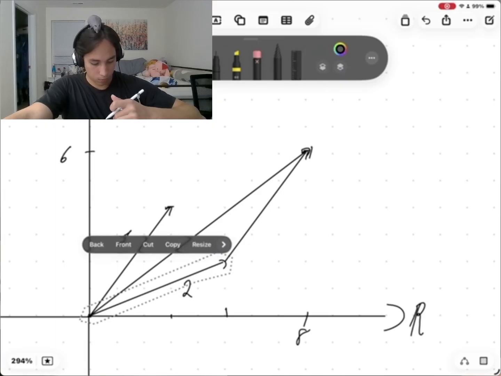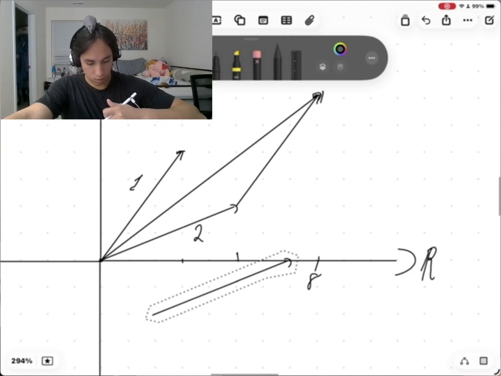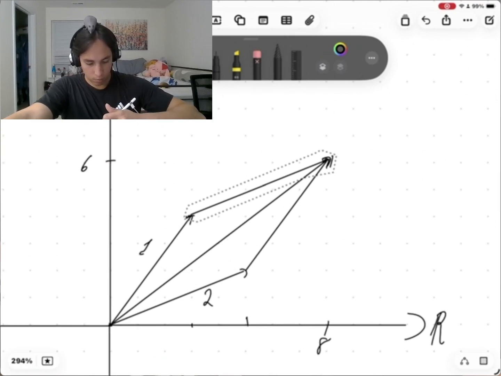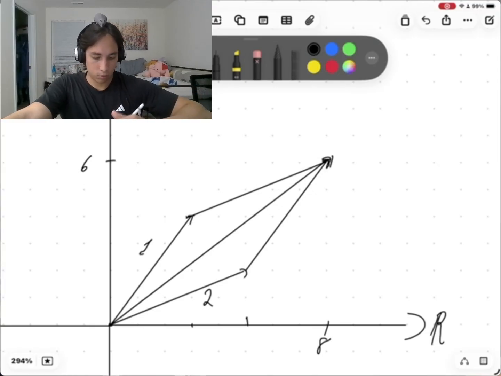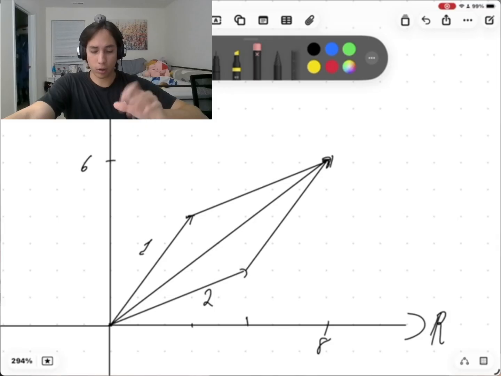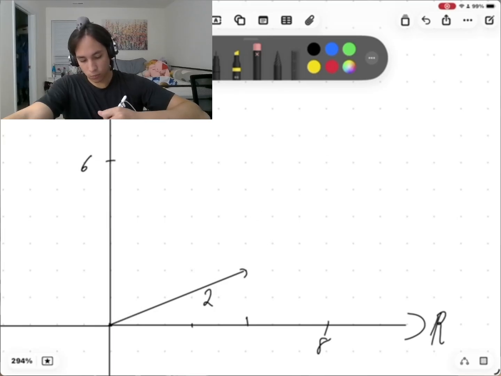We can duplicate this, join it base to tip, and we're gonna get the same answer. With addition, some sort of a parallelogram gets created. And so yeah, that's how you visualize it.